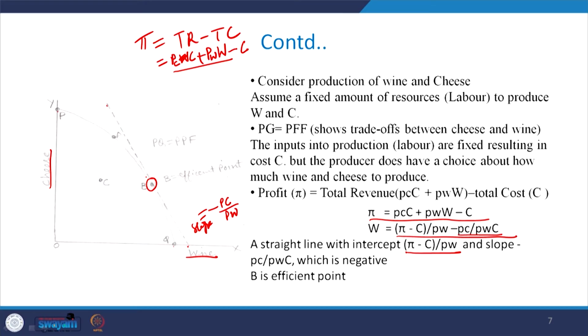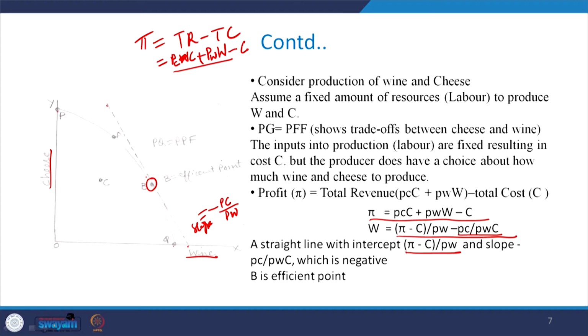price line, and that is the efficient point, or you can say economic efficiency is achieved at this point because it is both allocatively efficient as well as technically efficient, because point B is on the production possibility frontier, and when you introduce the prices, then the slope of this price ratio is tangent to the budget.